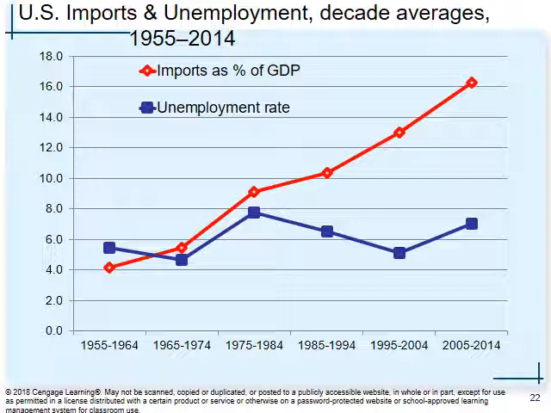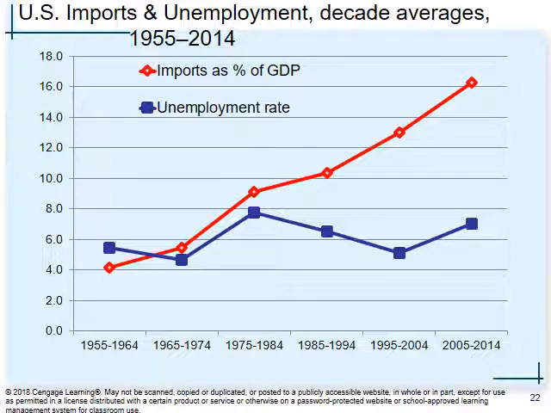Here you can see an example from the United States, imports and unemployment rate from 1955 to 2014. The red line shows imports as a percentage of GDP, and the blue line shows the unemployment rate.